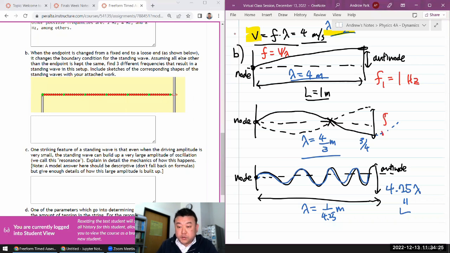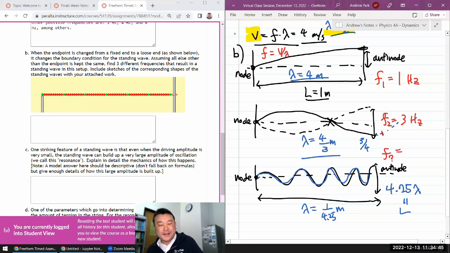And frequency 2 here, this is where you do have to be careful. It's not going to be double this, because the boundary condition affects that pattern. It'll be 4 divided by lambda. Okay, the 4s will cancel out. I'll get 3 hertz. And here it's a frequency of whatever harmonic. I didn't carefully count, so I'm not sure.